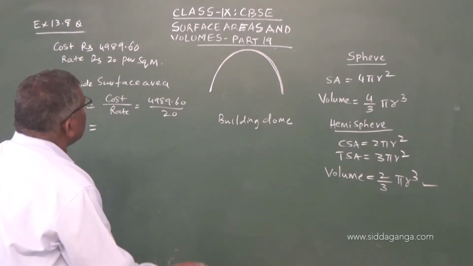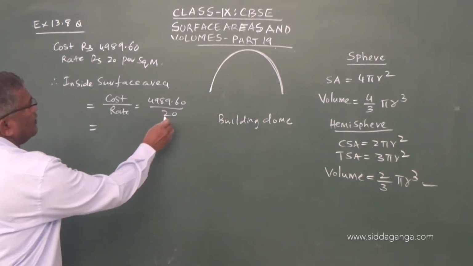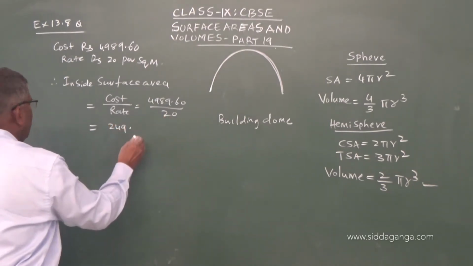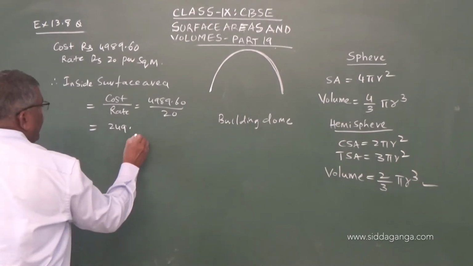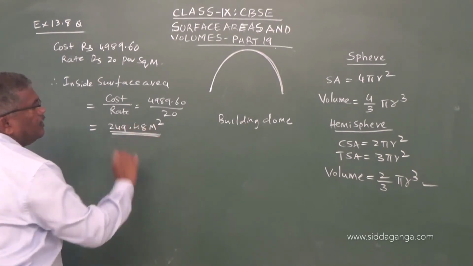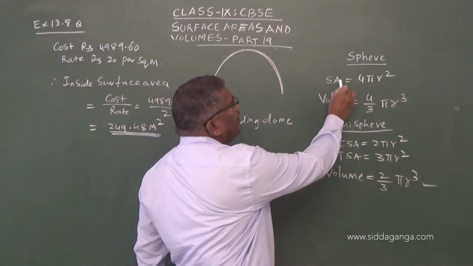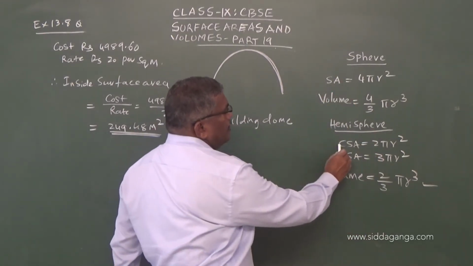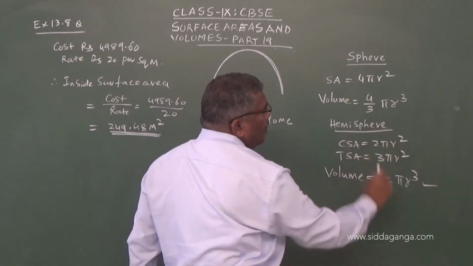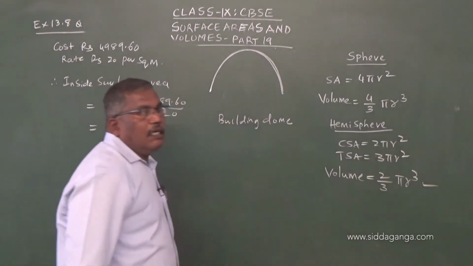Divide this, you will get 249.48 meter square. So this is the inner surface area. We got the curved surface area of the hemisphere, and using the formula we now have to calculate R.